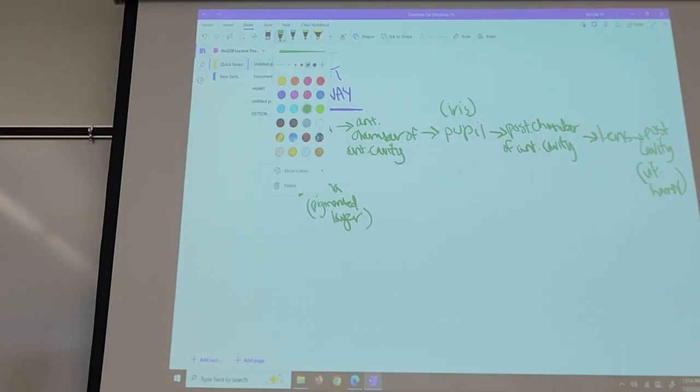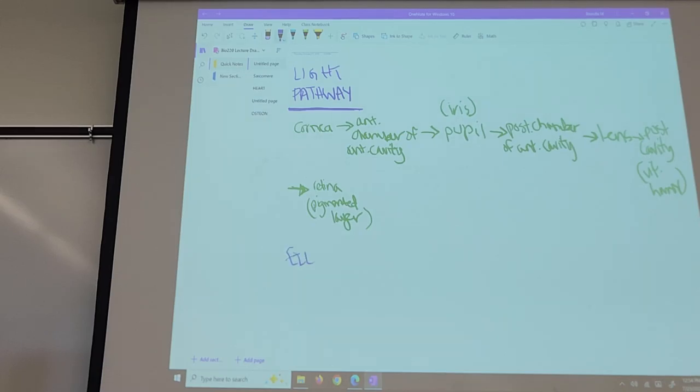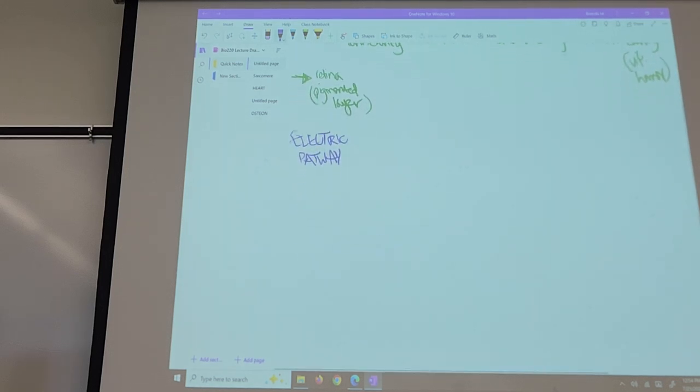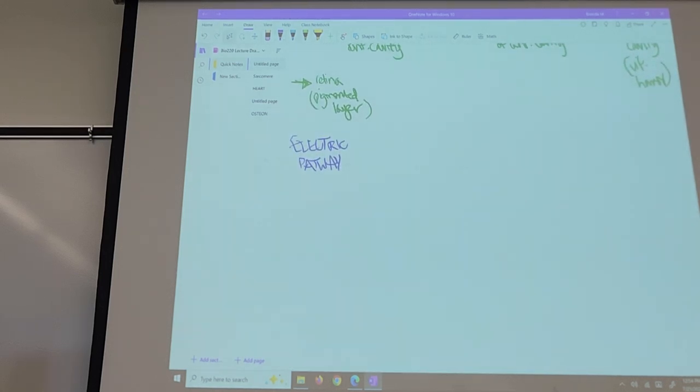Okay, so from the light pathway then we can go to the electrical pathway. Alright, so let's list off the structures on the electric pathway. Okay, so if we ended with the pigmented layer of the retina, then where do we start? Photoreceptors.